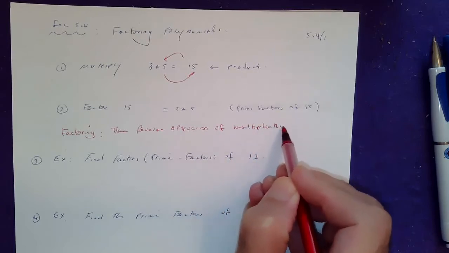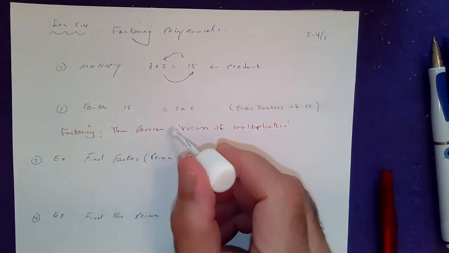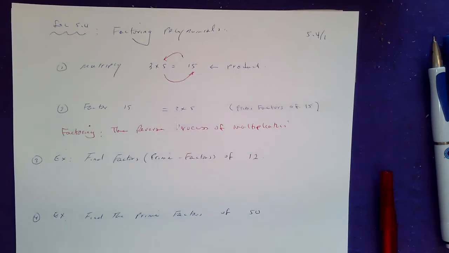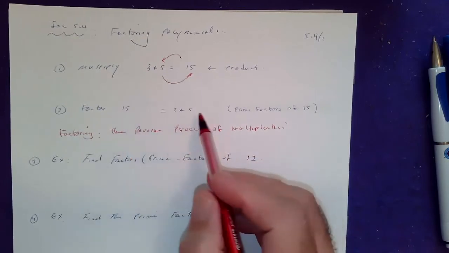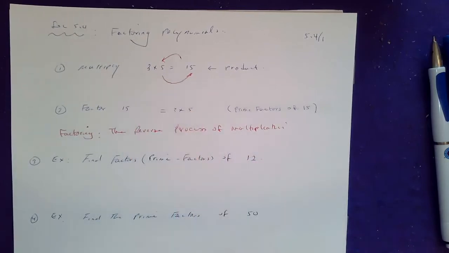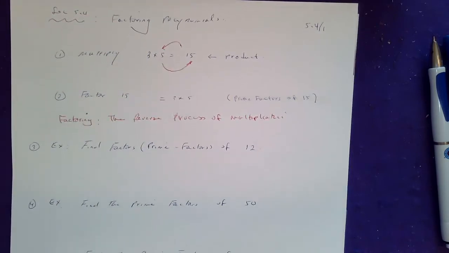Because I don't want to say opposite of multiplication. The opposite of multiplication is division, is that right? So I'm just going to say reverse process. So 3 times 5 is 15. But if I give you 15 and you tell me that's 3 times 5, what you have done is factored the 15, correct?